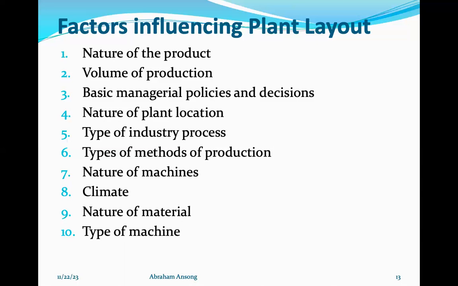All right, so you just produce a mass quantity waiting for orders, and then you supply or meet those orders. All right, so if that is the case, you can go for the line layout because you are not actually producing to meet any specifications. You're just producing large quantities to sell as and when orders come.